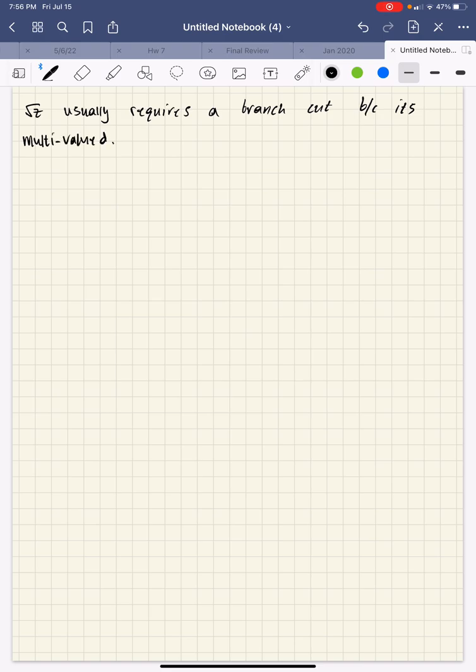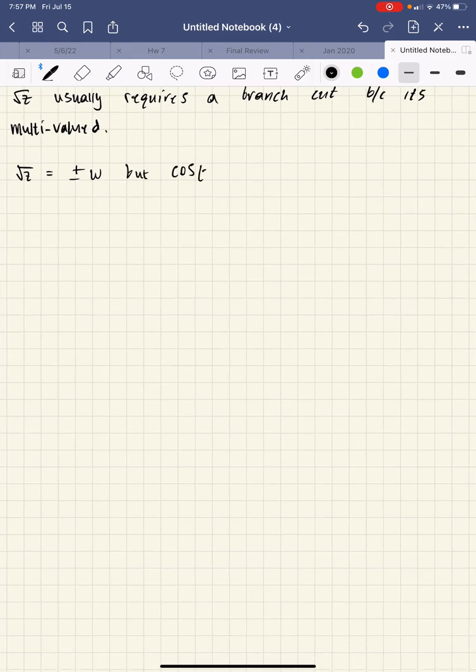All a branch cut does is limit our domain of consideration so that the function is no longer multi-valued. So square root of z generally has two solutions, plus or minus w. But cosine is an even function.